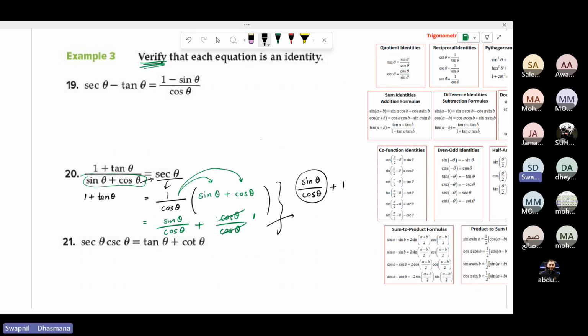This is a rule here. This is tan theta. Now this is one plus tan theta, that is tan theta plus one. So they are the same. So you will say left hand side equals right hand side. That's how you mean proved, verified.